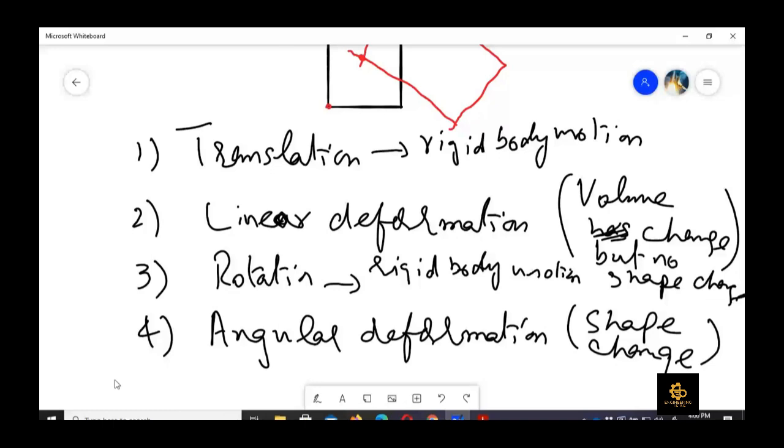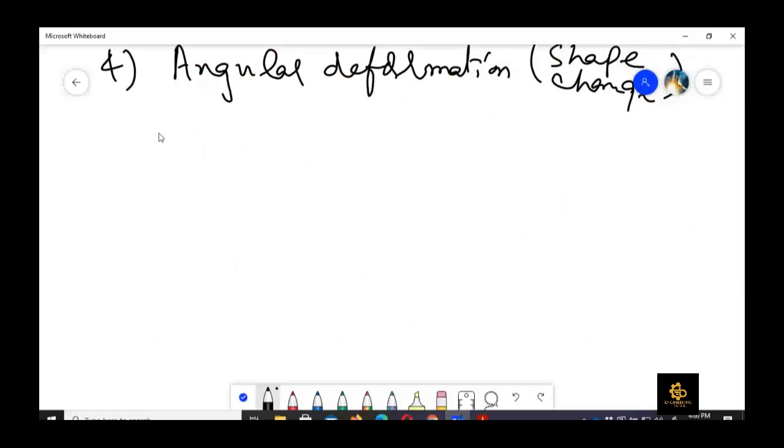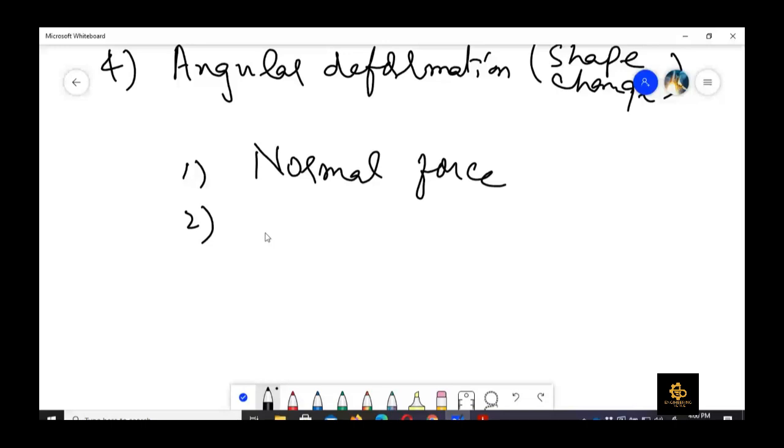There are basically, in nature or for fluid mechanics, two types of forces. One is, if you remember, normal force, and one is shear force. Shear force and normal force are the forces which create these deformations.